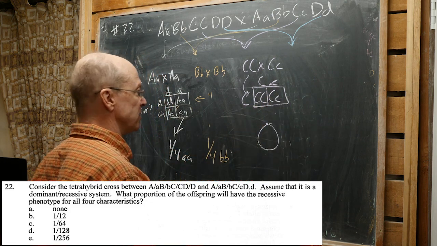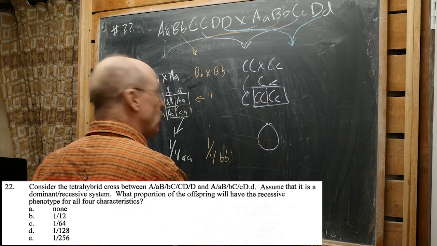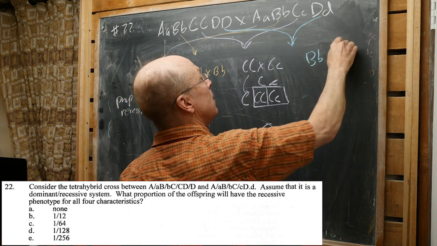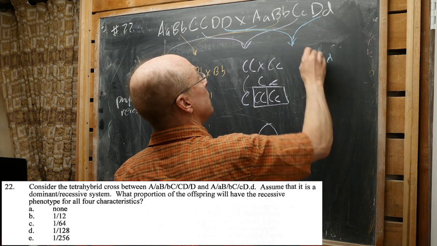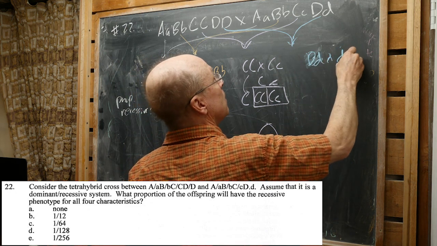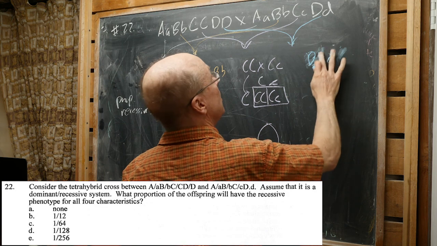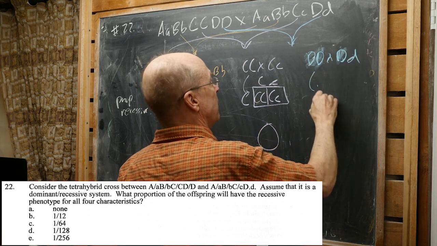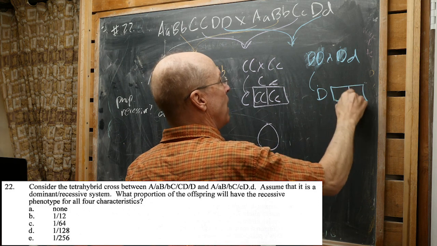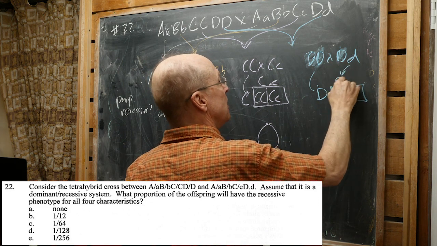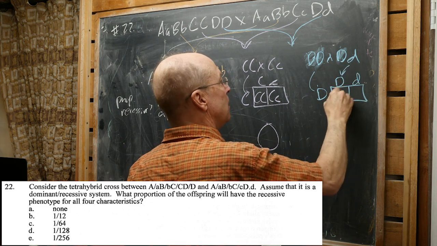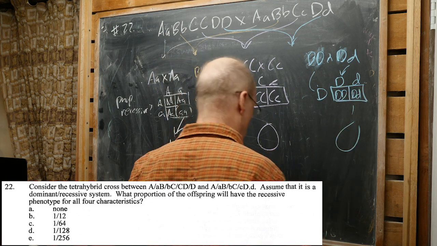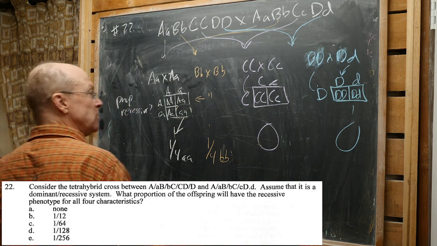There are no recessive phenotypes there, so I already know the answer to the question. This one's exactly the same here. Big D, little d. So same kind of thing. Big D with a 1/2 Punnett. This parent, big D, little d. Do the cross, and we'll see also 0. So the answer to this question is none.